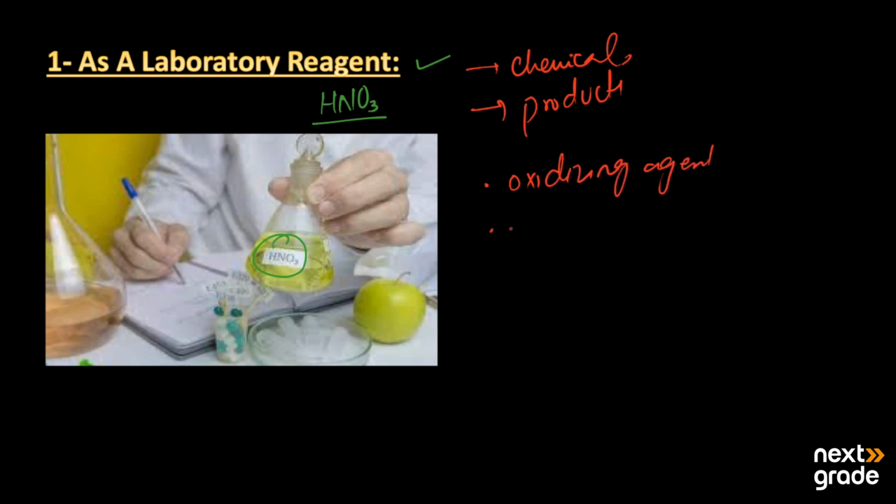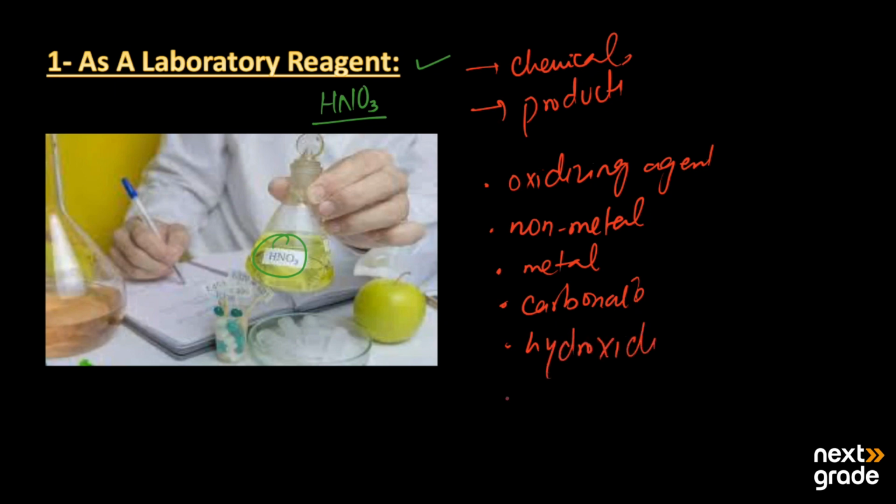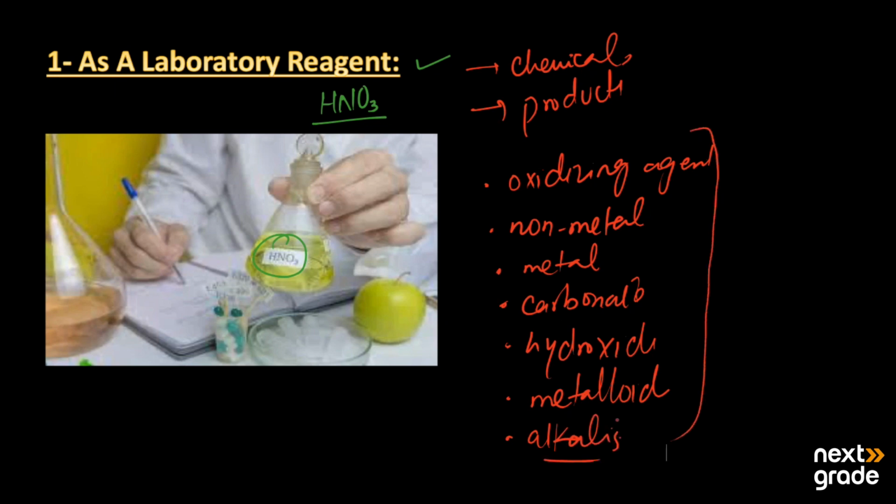It can react with different types of non-metals, metals, carbonates, hydroxides, metalloids, as well as alkalis. Since nitric acid is so reactive, it can be used as a laboratory reagent for many types of chemical reactions or for the simple process of titration as well.